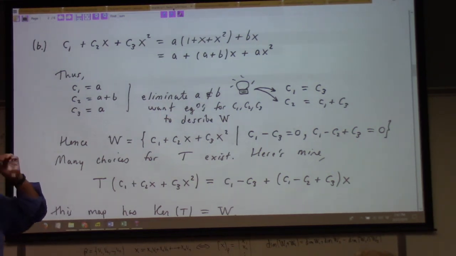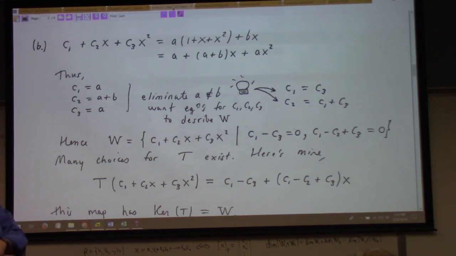So that means that B can range over whatever it wants, right? In other words, C2 is free. So basically, this doesn't tell you anything. And the only equation is just C1 equals C3. The second equation's out. I don't even need it.